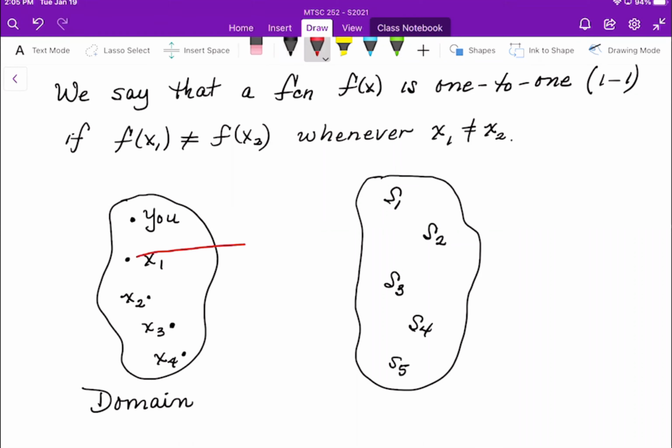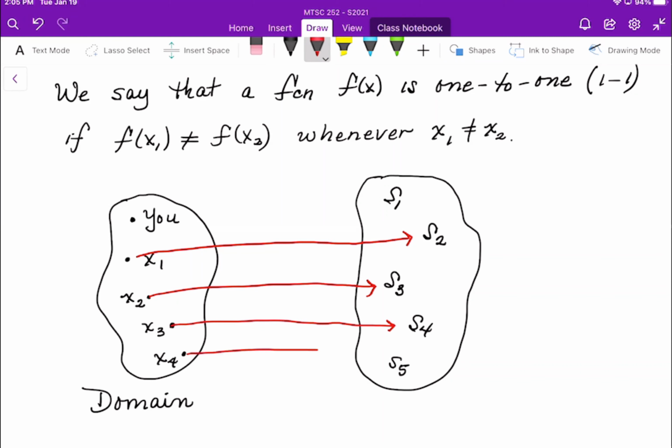This friend is going to get sneaker S2, and this person is going to get sneaker S3, and this person is going to get sneaker S4. And this one here is going like that. So you would expect that you would be assigned sneaker S1. But if you get there, I'll put it back.